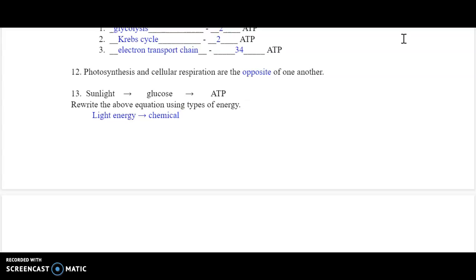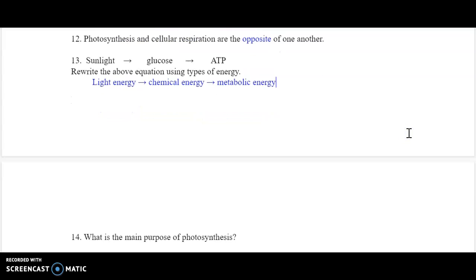Don't say, ooh, I don't want food with chemicals. All food's made of chemicals. So light energy to chemical energy. To ATP, which is metabolic energy. Metabolism is some of those chemical reactions in the body. So ATP is what fuels those reactions. So light energy to chemical energy to metabolic energy. And that's our energy transformations.